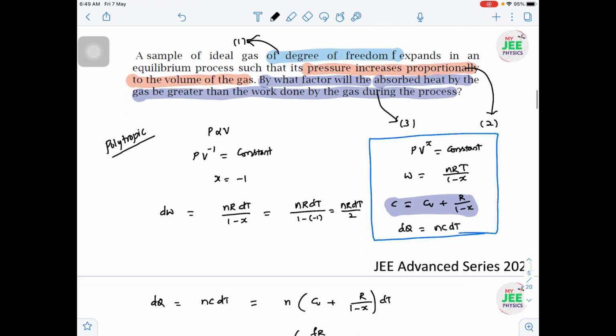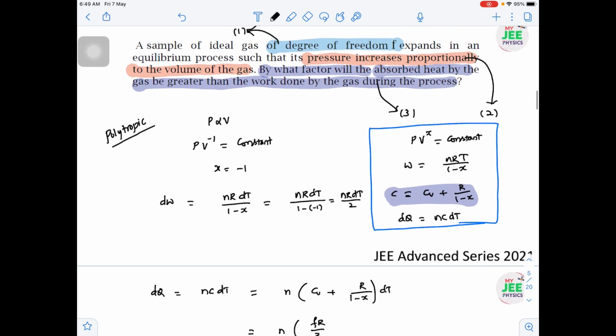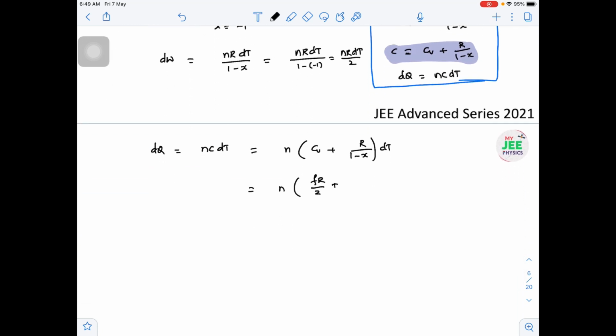So I'm writing in terms of degree of freedom, which is f by 2 R for CV, plus R by 1 minus x, which will be 1 plus 1, since the x value is minus 1, so it will be plus 1. Then dQ will become n into R by 2, since R by 2 is there in both terms, so I'm taking R by 2 common, into dT, and then it is simply f plus 1. This is the dQ, and this is the dW.